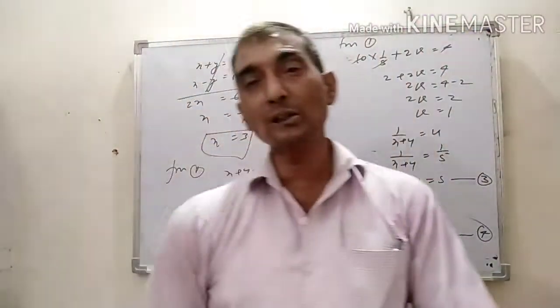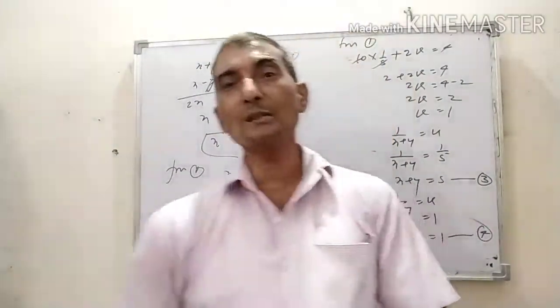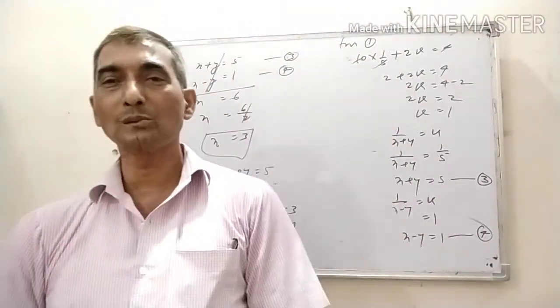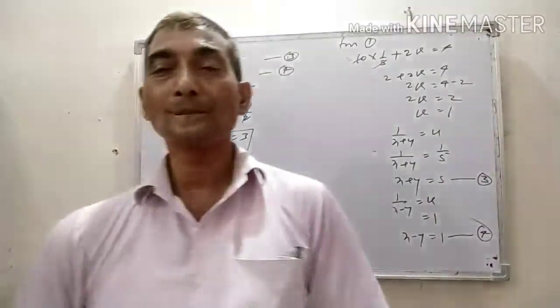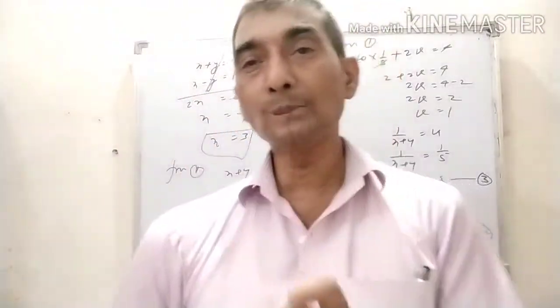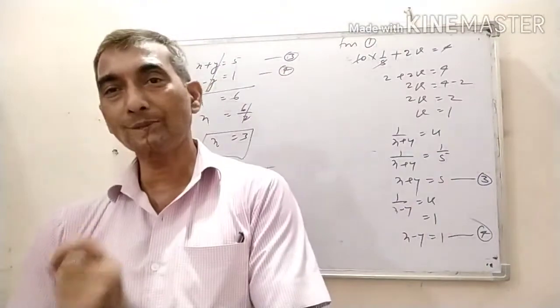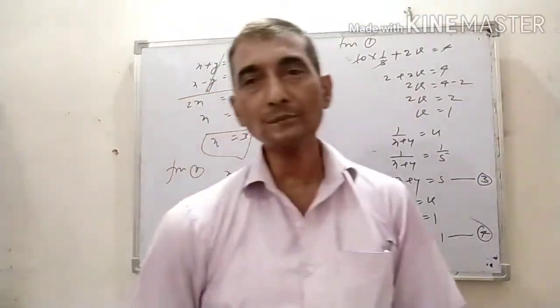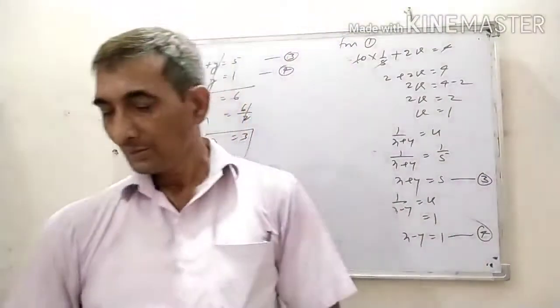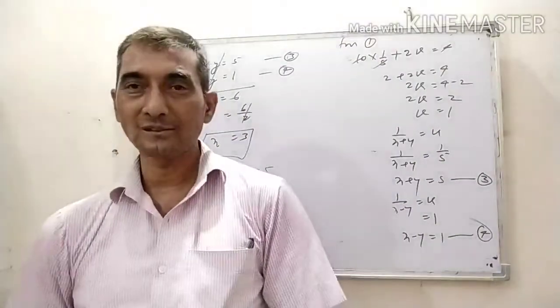Again solve them by the elimination method or substitution method, as you like, and then you will find the values of x and y. Therefore, it is a long process.